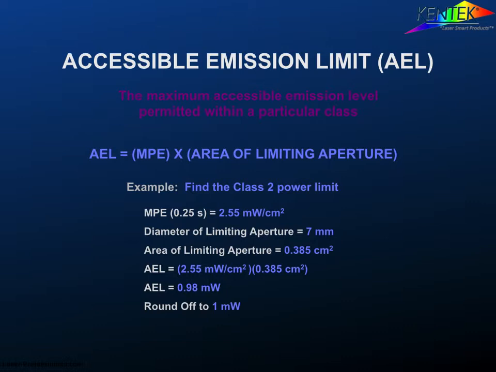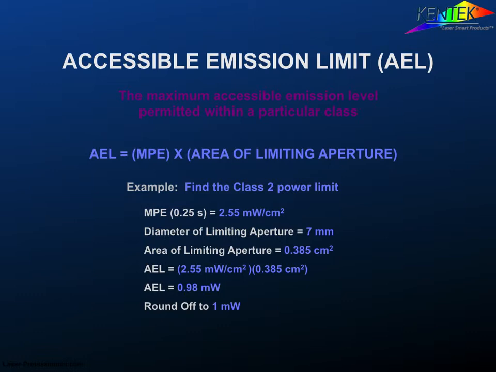Since the MPE is in watts per square centimeter and area is in square centimeters, that leaves us with watts. So this is a power level we're calculating. To find class 2, we use the aversion response of 1/4 of a second for our exposure duration, as called for by the standard. That gives us the MPE for visible light of 2.55 milliwatts per square centimeter.